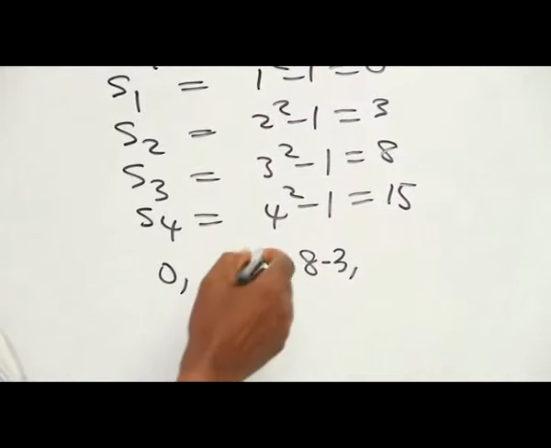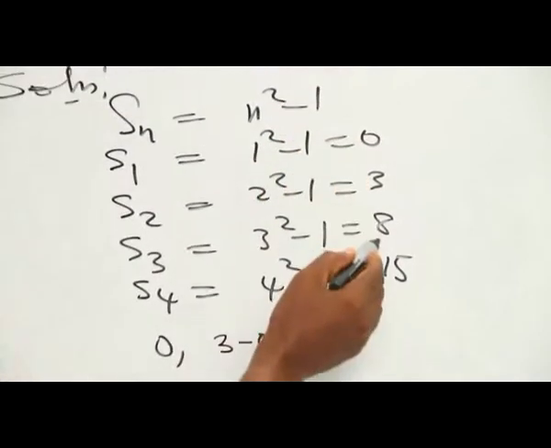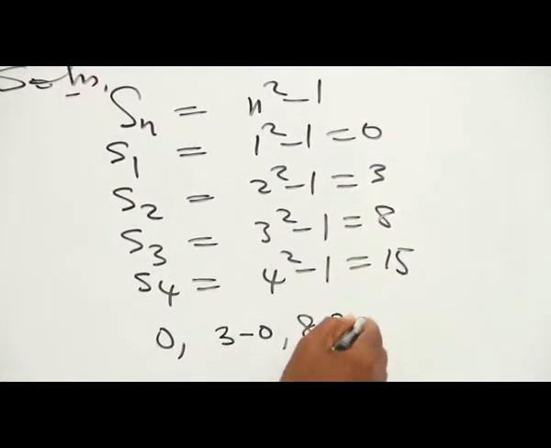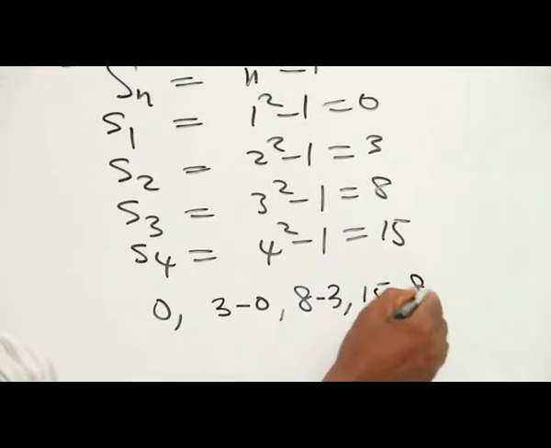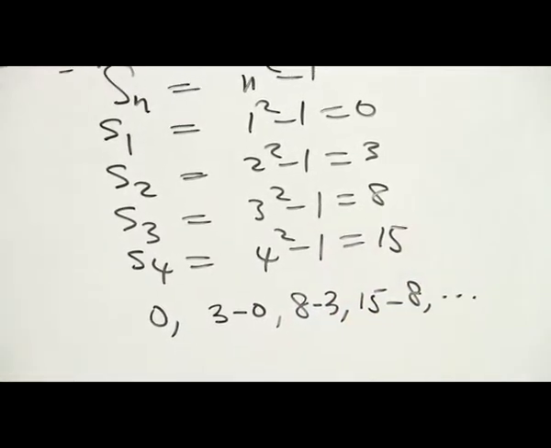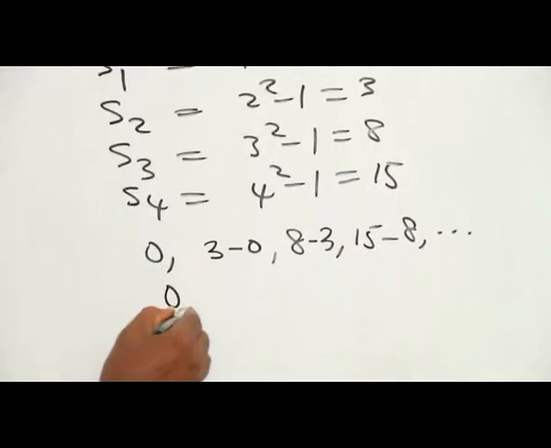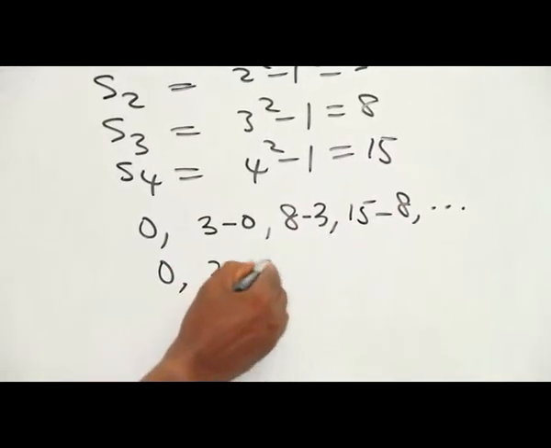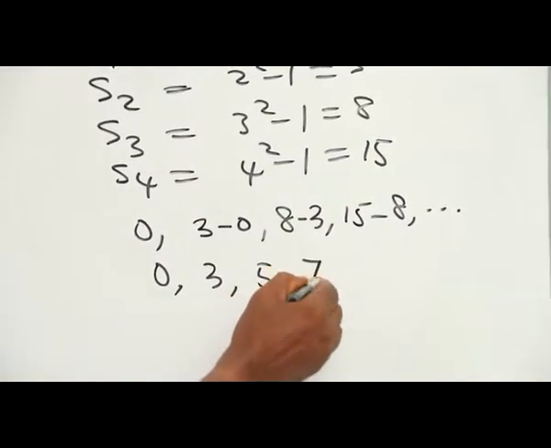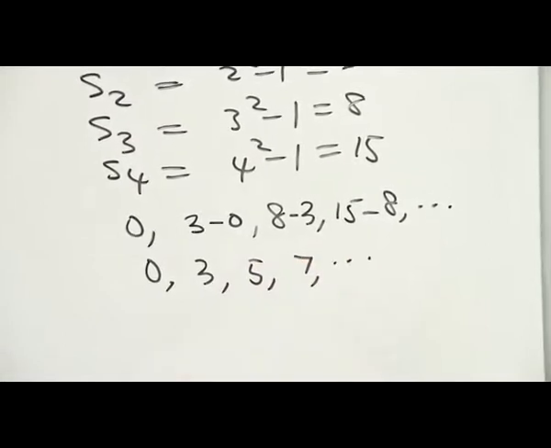Then the next one, you have added up to this point. To get the fourth term, it now becomes 15 minus 8, and it goes on like that. Now, simply put, this becomes 0, 3, 5, and then this is 7, and so on and so forth.